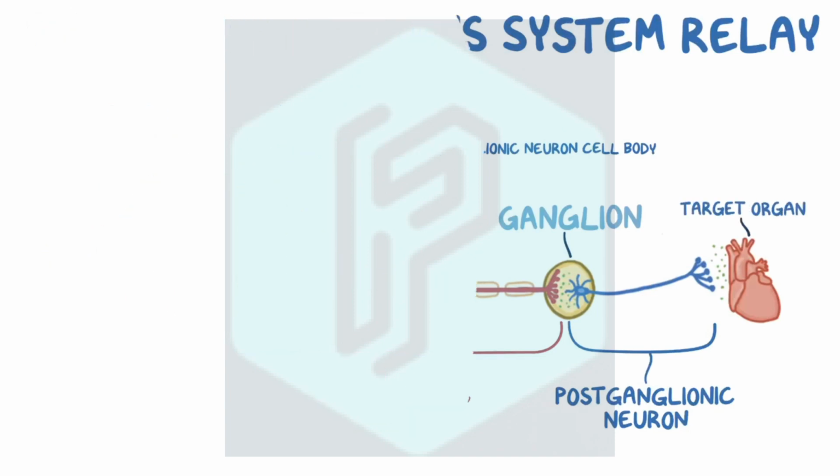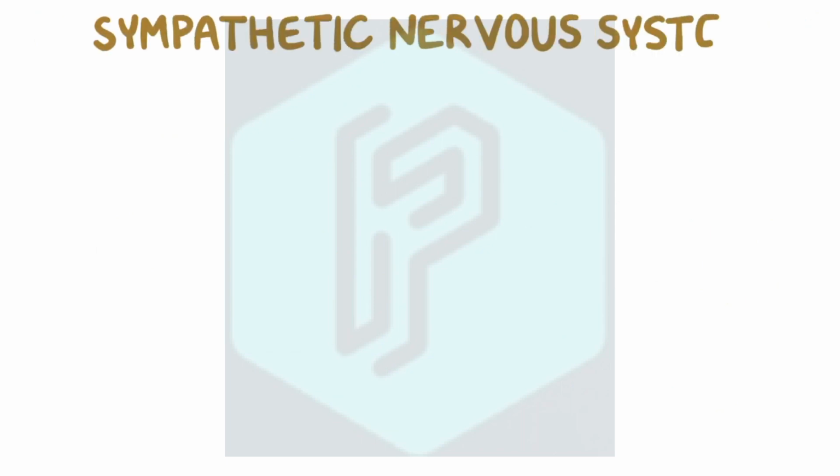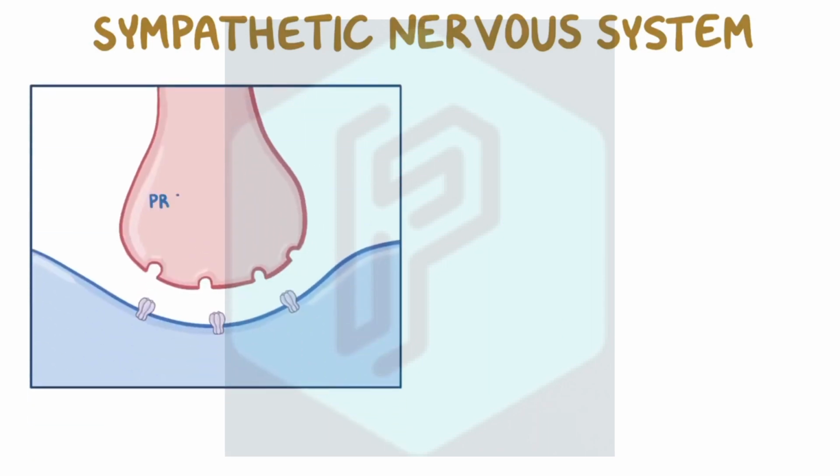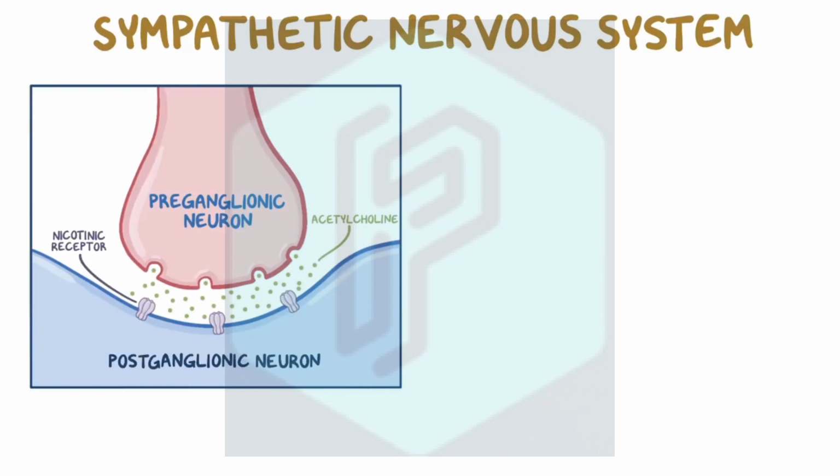Now let's zoom into the synapses of the sympathetic nervous system. The preganglionic and postganglionic neurons release different neurotransmitters, which are the tiny molecules that nerve cells use to communicate with one another. The preganglionic neurons release the neurotransmitter acetylcholine, which binds to nicotinic receptors on the cell membrane of postganglionic neuron cell bodies, activating them.